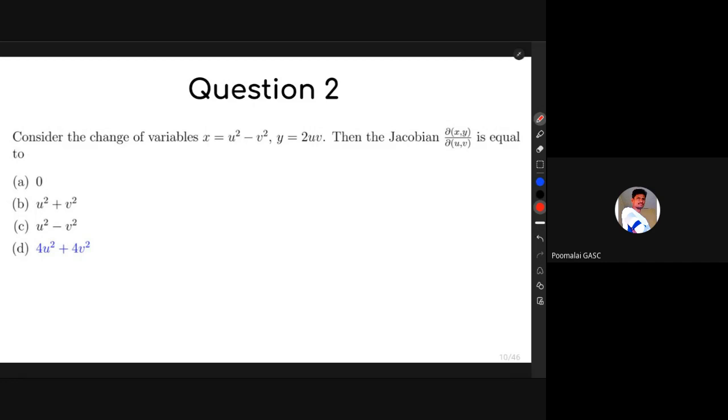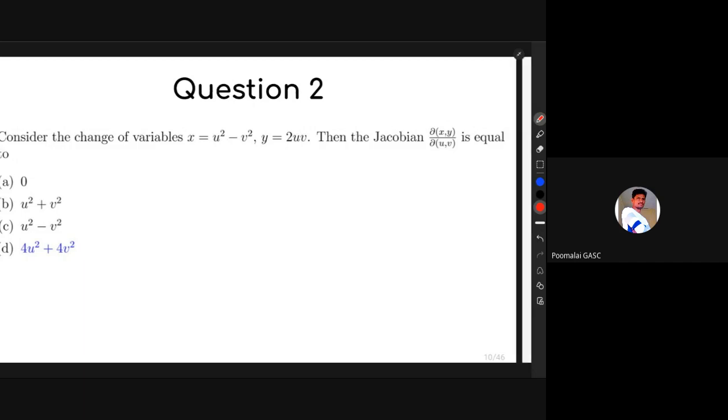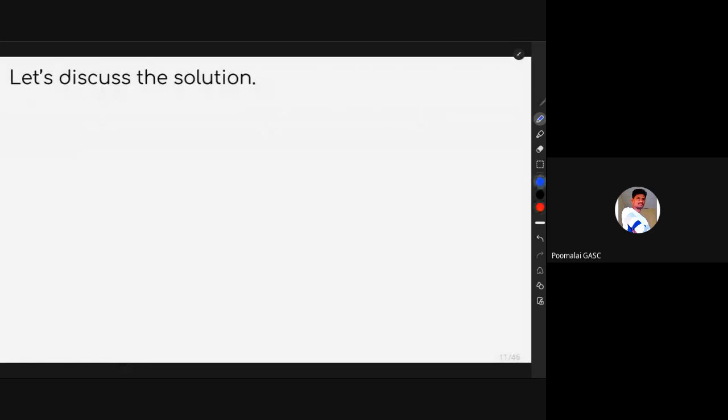So let us first recall the definition of the Jacobian. Jacobian xy, this is the notation for the Jacobian. It is nothing but the determinant of a matrix. Now, what is this matrix?